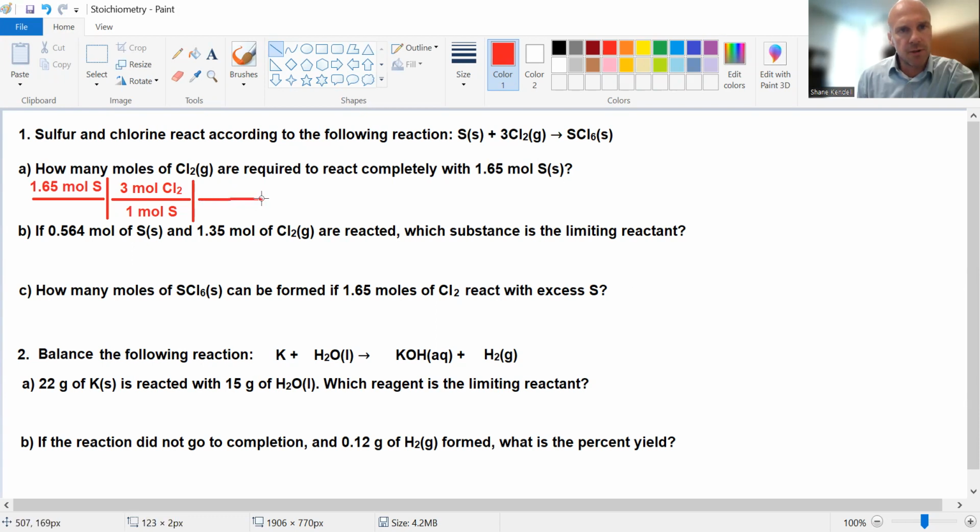So mole of Cl2 is all we need to get to, because that's what the question has asked, how many moles of Cl2. Let's just say it did ask for the grams of Cl2. Then I would just have an additional step here relating 1 mole of Cl2 into the mass of the Cl2. So that would be a final step there. But we don't need this final step in this particular question.